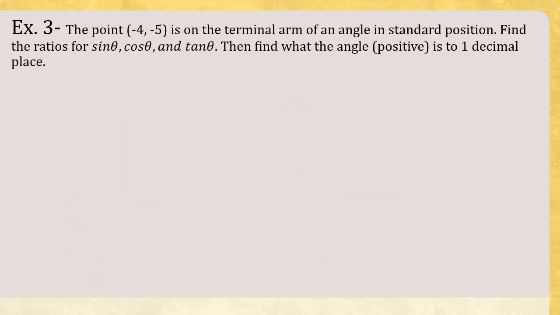Our next example, the point -4, -5 is on the terminal arm of an angle in standard position. Find the ratios for sine theta, cos theta, tan theta. Then find what the angle, the positive angle, is to 1 decimal place. Okay. Draw an x and y axis.